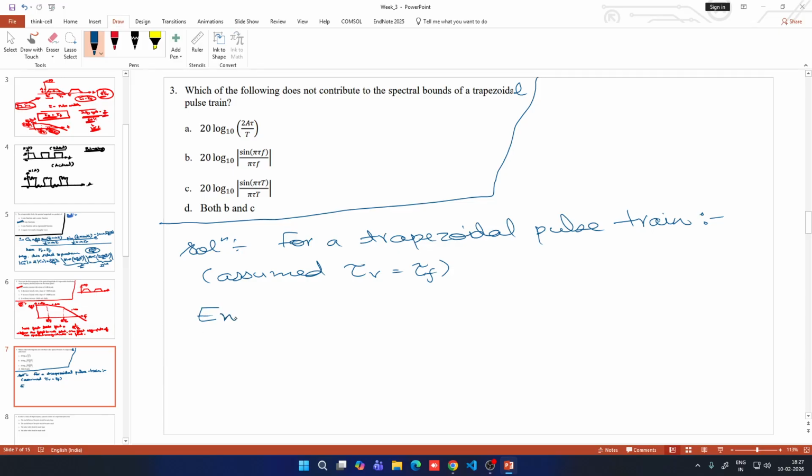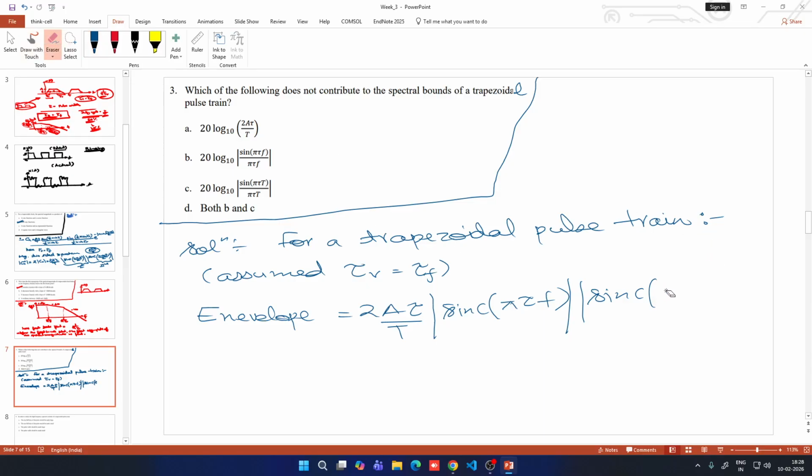The envelope is given by 2A tau by T into sinc of pi tau f, sorry, into the magnitude of sinc of pi, it should not be 2, it's sinc of pi tau r f.